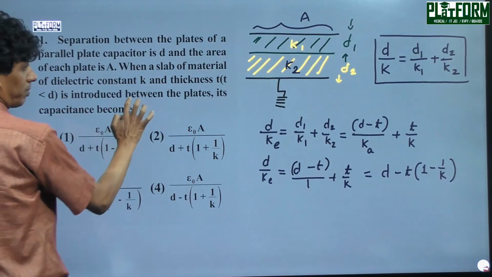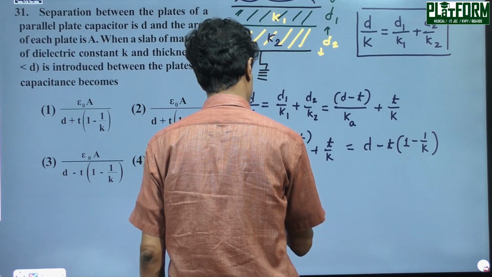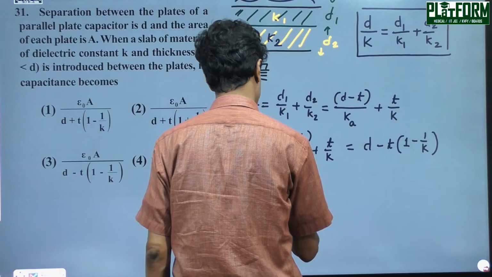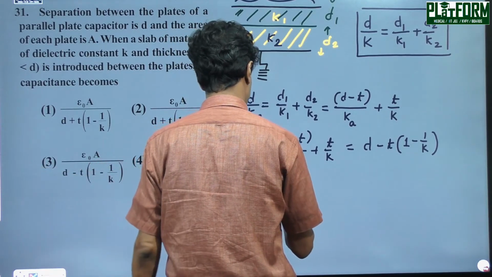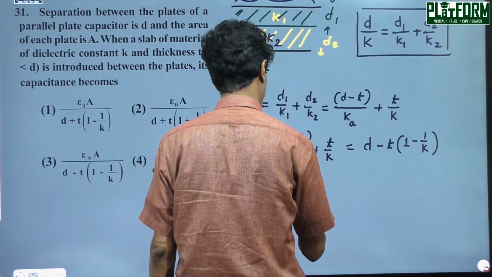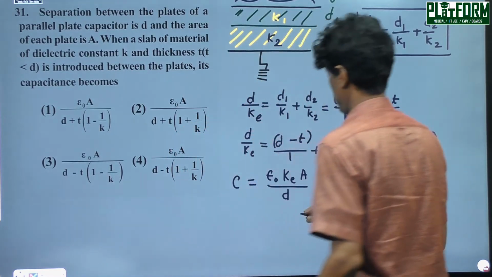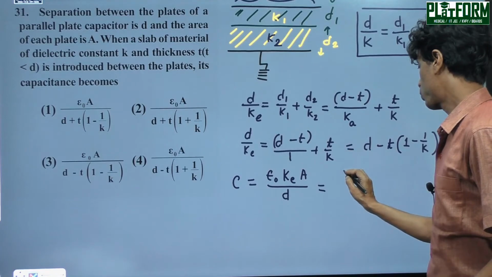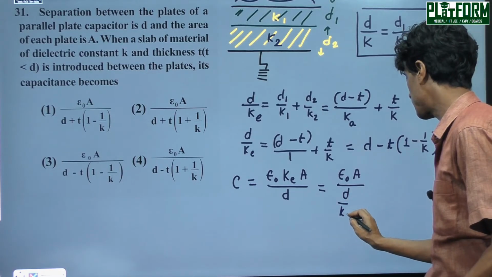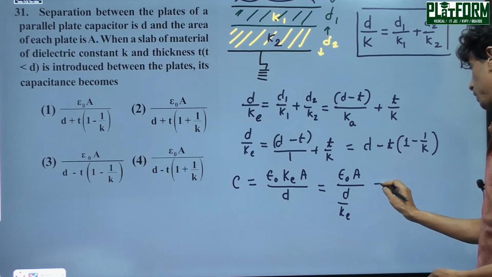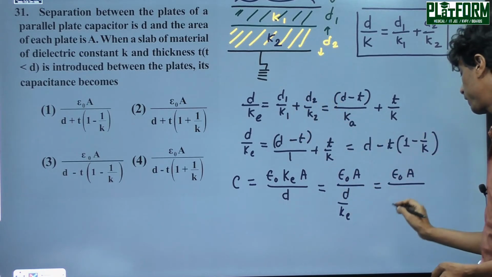So capacitance for this problem is equal to epsilon 0 A by D. Write it in this way: epsilon 0 A, and D by K E. We can write here epsilon 0 A is the common plate area, and D by K E is already deduced.